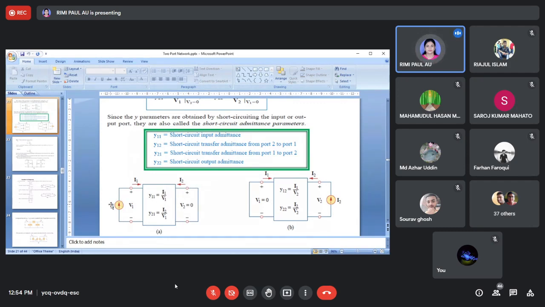So I1, V1, I2 are known. So I1 by V1 means admittance. So we can get I1 by V1, or I2 by V1, when the output port is short circuited. Next we are giving supply at the output port.